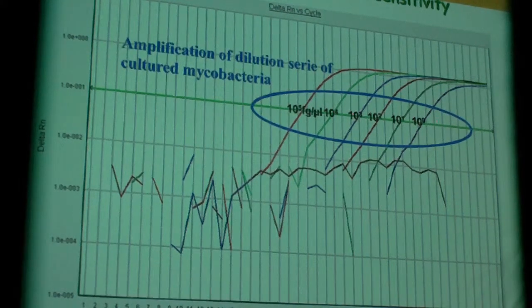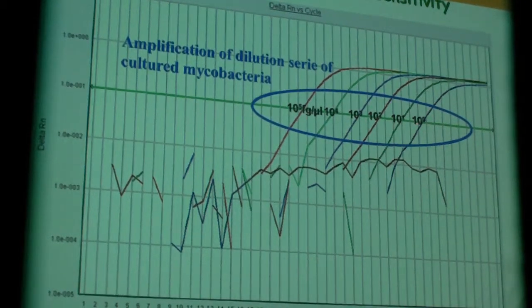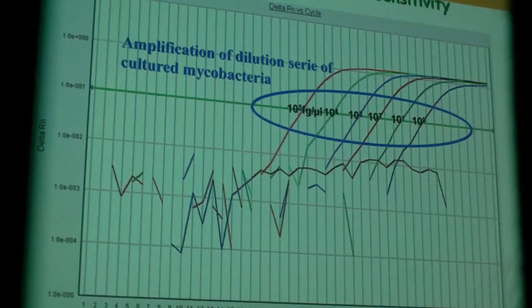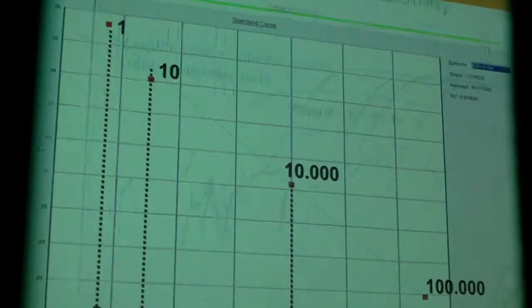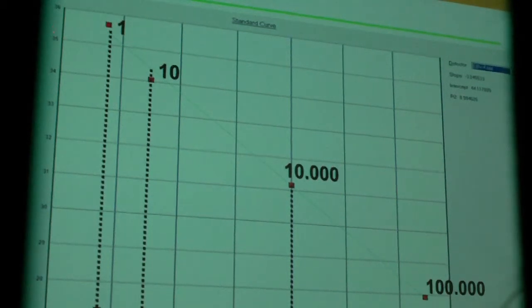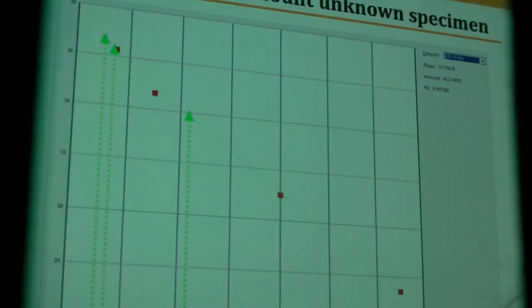So you can see that the dynamic range of this PCR is very large with the target I just showed you, from 1 bacterium until 10 to the 5th, approximately. Then you can put this in another calculation. If you know that this is 1, that is the crossing point, then you can make a standard curve of that. And if you have an unknown sample from a patient, you can just position that on the same level, and then you know exactly how much is in there.